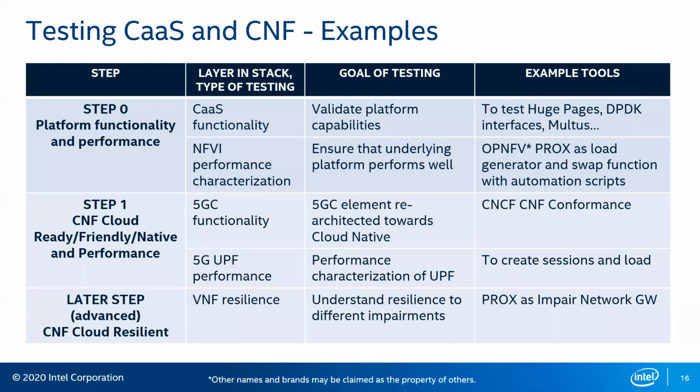It tests how far towards cloud native a particular CNF currently is. It checks: does it properly scale out and scale in? It should not have static IPs, it should not have privileged containers, and whatever of these little details that are super useful to have are now fully automated there.